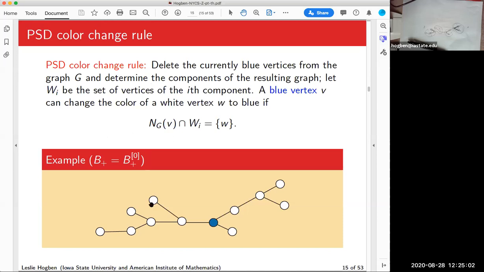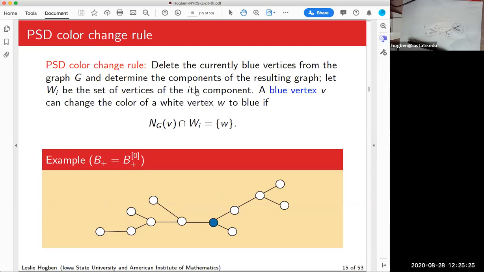We're going to start with the set of blue vertices, and we're just going to think of cutting them out of the graph. If you see here on this blue vertex in the picture, if I delete that, I get 3 separate components: a little tree of 4 vertices, an isolated vertex, and a bigger tree with 6 vertices.